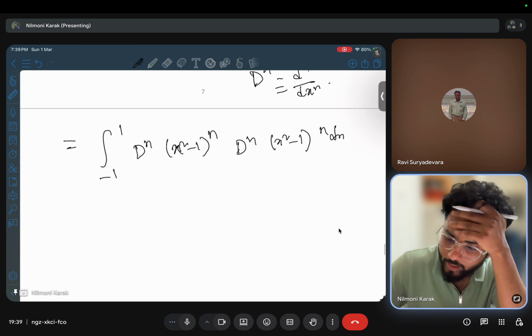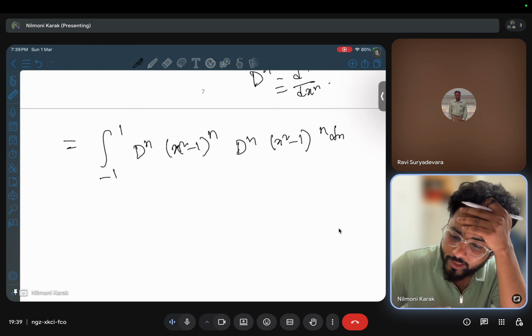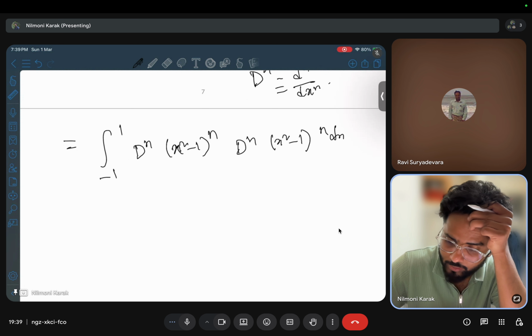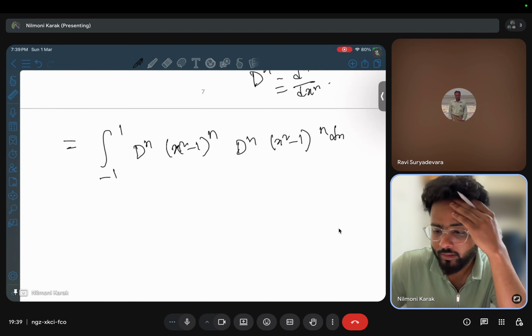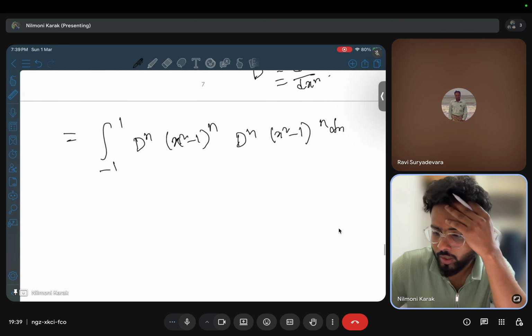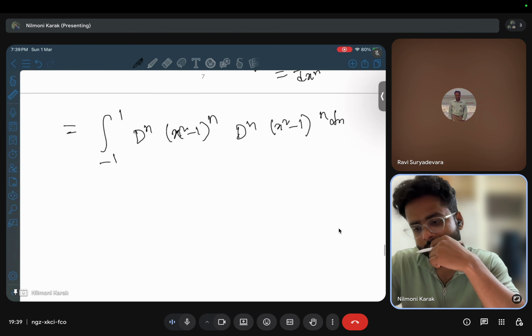I will write it and transfer all the derivatives from the second factor onto the first. Actually, in the lecture video we also did this earlier, to establish the orthogonality of the sequence of polynomials d^m (x square minus 1)^m. Okay, so let us do it.